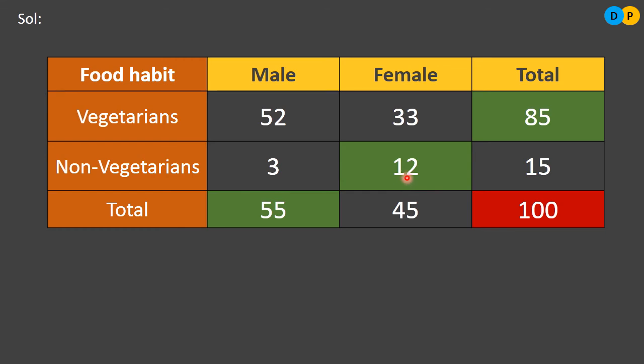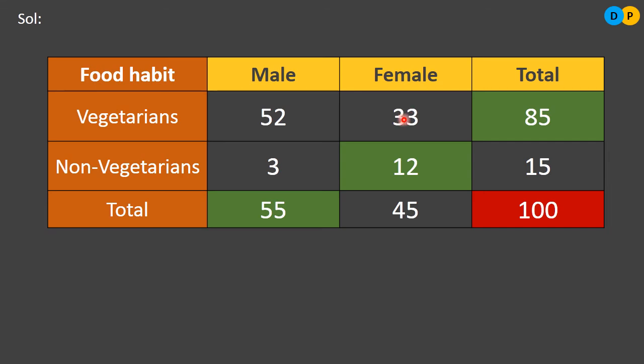Since one piece of the data is given, we just need to subtract somewhere. For example, 12 is given, so 15 minus 12 is 3. Here they have given 55 but this value is missing, so 100 minus 55 is 45. In the same fashion, once we get 45, 45 minus 12 is 33.